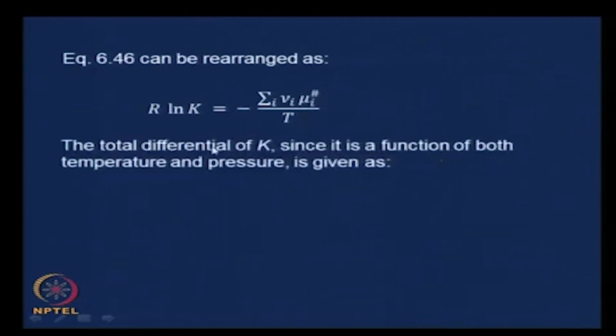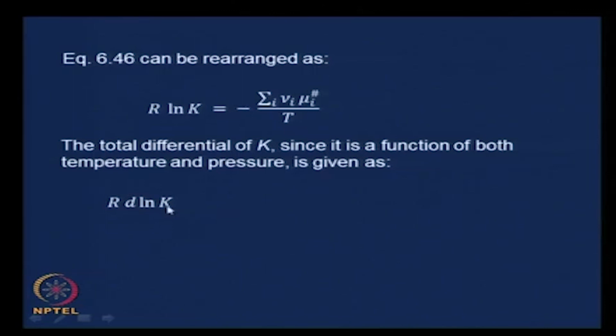Now to find the temperature and pressure dependence, let us start by rearranging equation 646 as R ln k equals minus the sum over i of nu i mu i hash by T. The total differential of k, since it is a function of both temperature and pressure, is given as R d ln k.